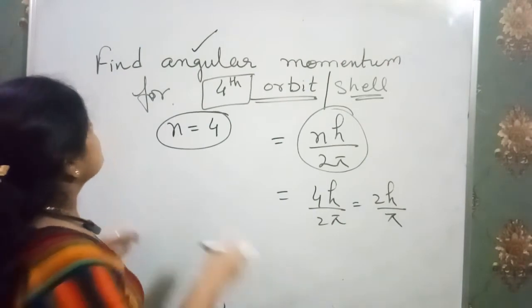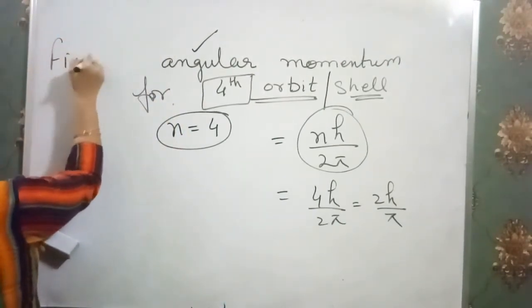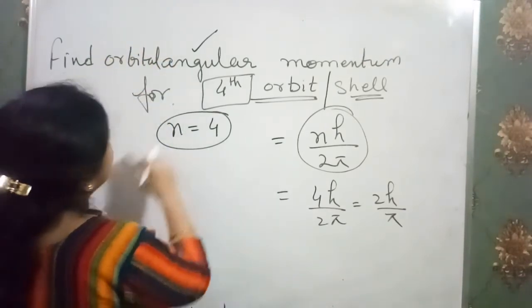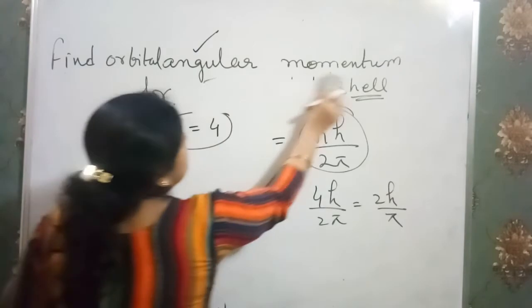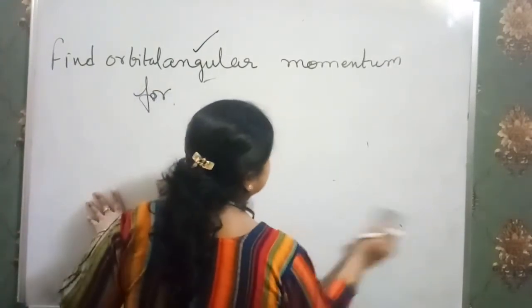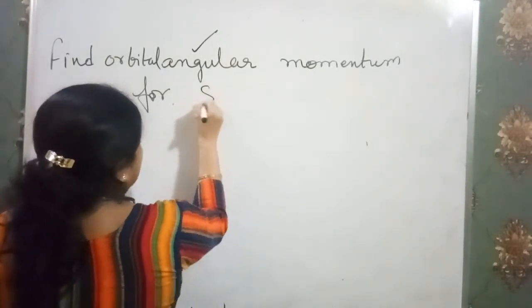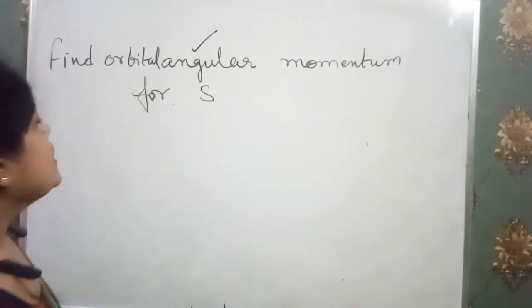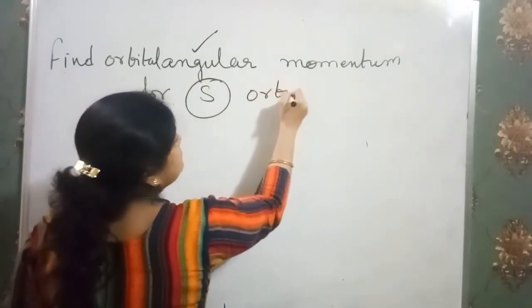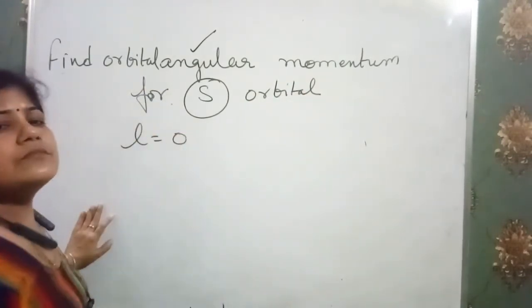Now similarly, if we have the question, find the orbital angular momentum for the s orbital. As we know, for the s orbital the value of L is equal to 0.